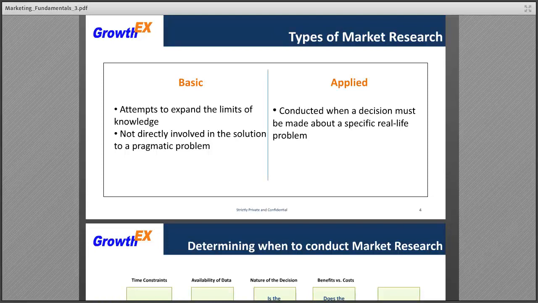Basic market research revolves around just expanding the horizon of my knowledge. It might not have any specific problem statement to address. Its problem statement will be very broad and qualitative in nature. It will not be quantitative in nature.